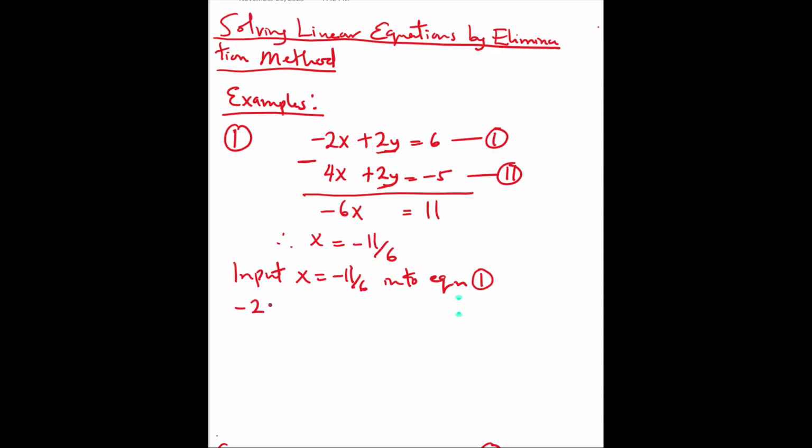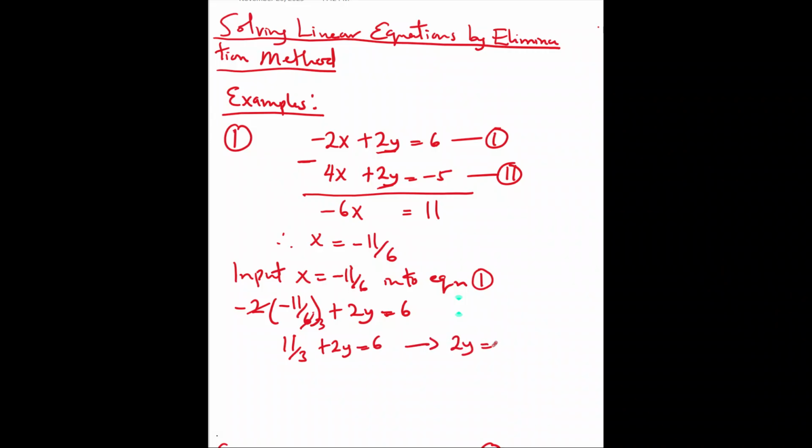So that will be minus 2 into minus 11 over 6 plus 2y equals 6. These two, we can cross out 6, and that will be 3. So that will be 11 over 3. We open minus times minus 11 will give us plus 11, right? So that will be 11 over 3 plus 2y equals 6.